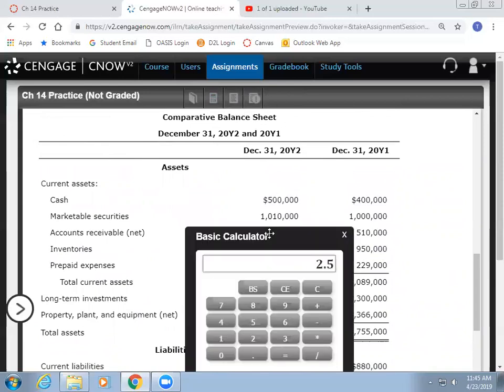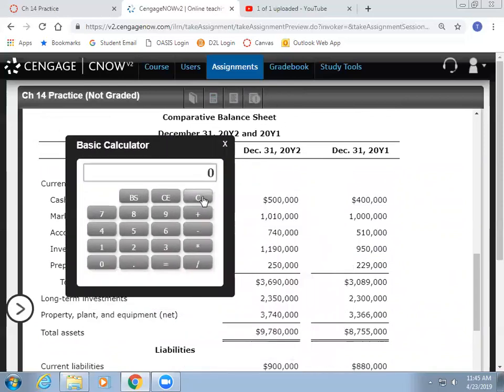So I would take accounts receivable of $740,000 of this year, plus the $510,000 of accounts receivable from last year. So I add the two together, divide by 2. So average accounts receivable is 625,000.